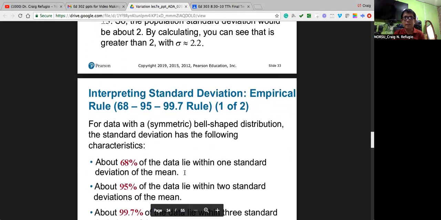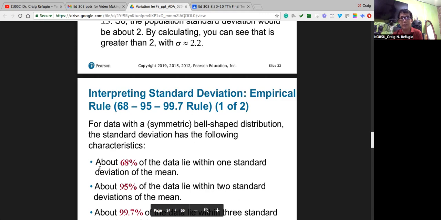So interpreting standard deviation, the empirical rule, the 68-95-99.7 rule. For data that is symmetric or bell-shaped, remember the videos on measures of central tendency 1 and 2, where I mentioned symmetric distribution.